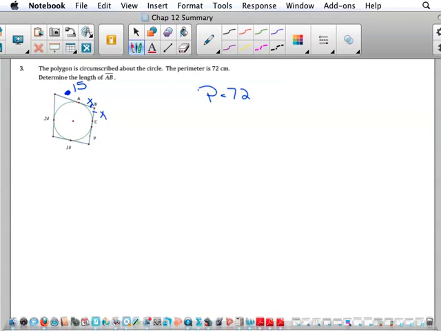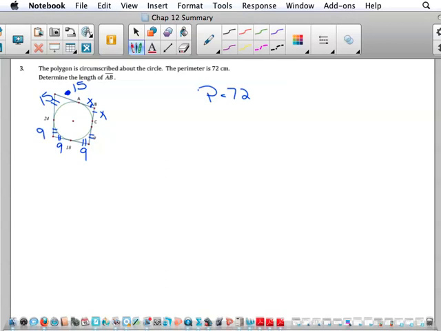This length 9 is congruent to this length, which would be 9. Therefore, this length would be 9. This length would be 9. And this length will be 15.